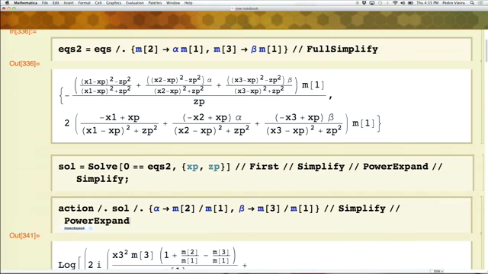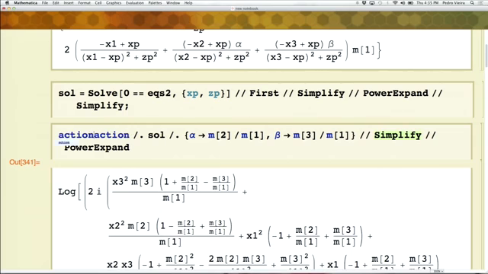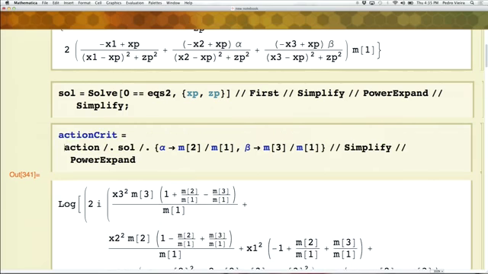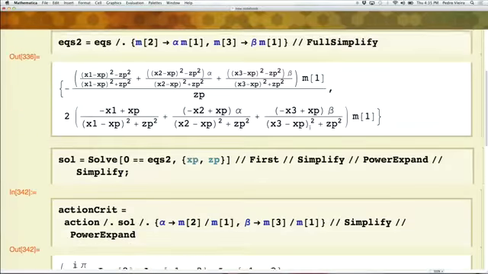Okay. This PowerExpand is indeed going to introduce i's, because PowerExpand just says don't be careful about signs and so on, and sometimes it gives some complex numbers, but that doesn't matter much. So let's get this action critical, and action critical is given by simplifying and so on. Okay, and after simplifying, this is what we are getting. And this still looks very messy.